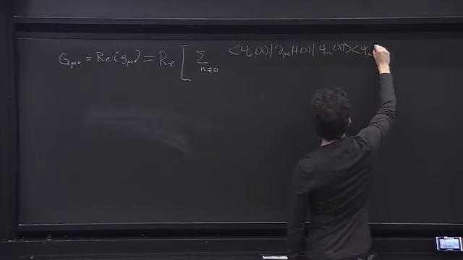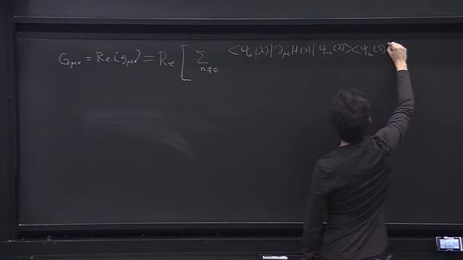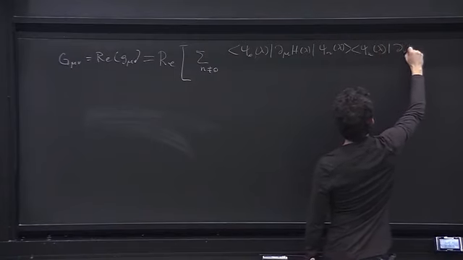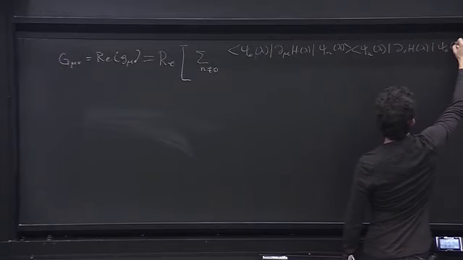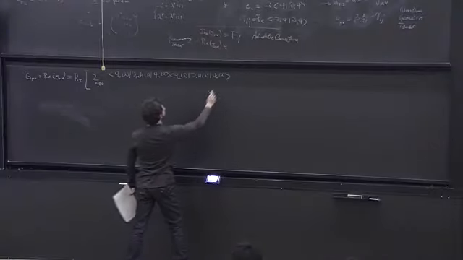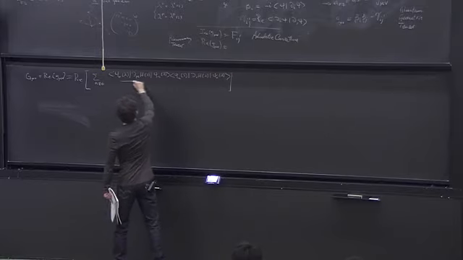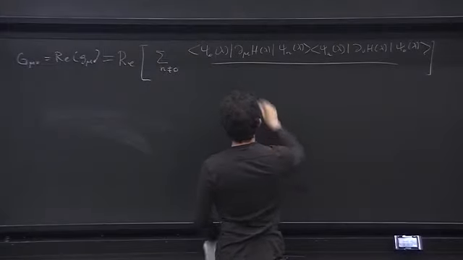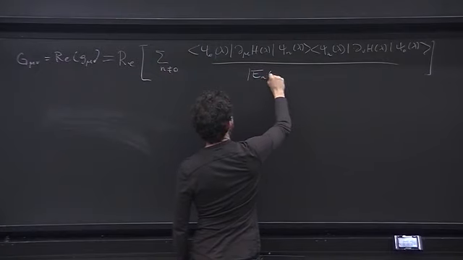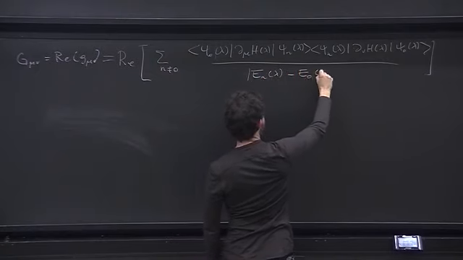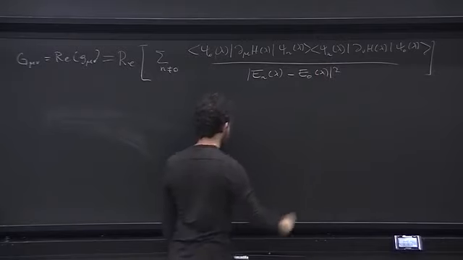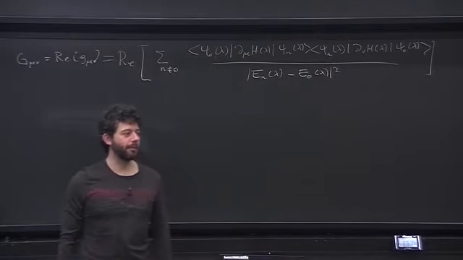And here you have, again, n, then nu H psi 0 of lambda. And here you have the energy of the nth eigenstate minus the energy of the ground state, modulus square. So the gap with the nth eigenstate.